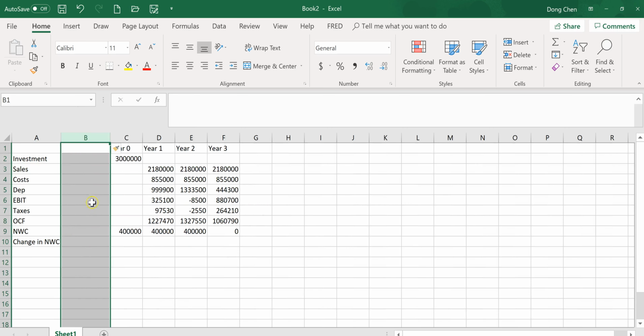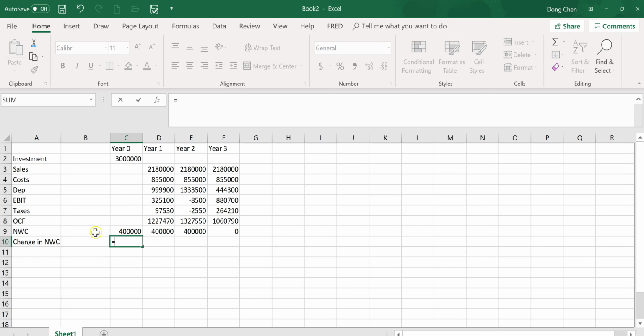Just insert one more column. Why do I do that? Because I want to do the change in net working capital. I want to leave one empty space because for year 0, if I don't do that, it's going to be year 0 minus this NWC. So that's not what I want. That's why I have to add an empty column here.